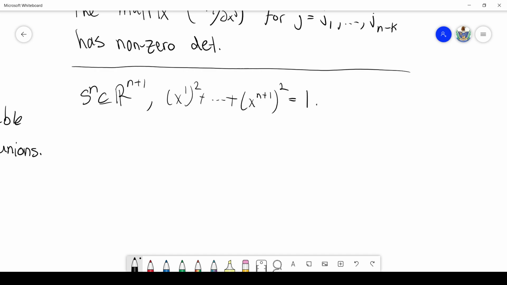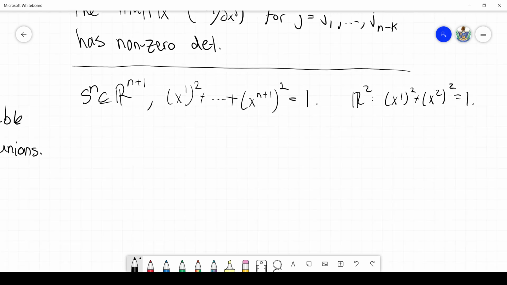So the sum of the squares of the coordinates is equal to 1. So for instance, in R2, we would have S1, which is the circle, x1 squared plus x2 squared equals 1.